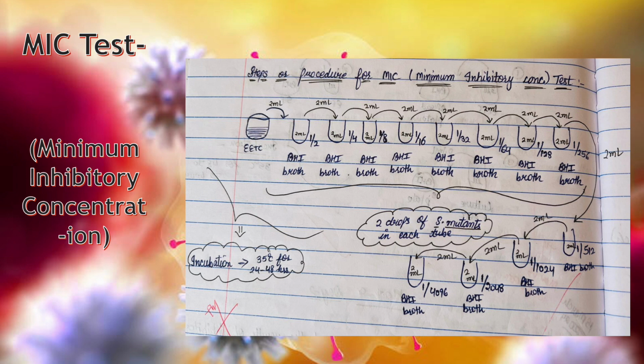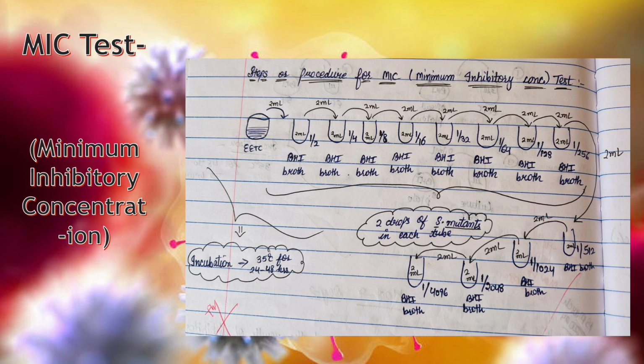waste disposal. After adding the varying amount of EETC in the BHI broth, we started adding 2 drops of Streptococcus mutans culture into each tube, and we incubated it at 35 degrees Celsius for 24 to 48 hours. This step in the experiment was conducted in duplicate to ensure accuracy.